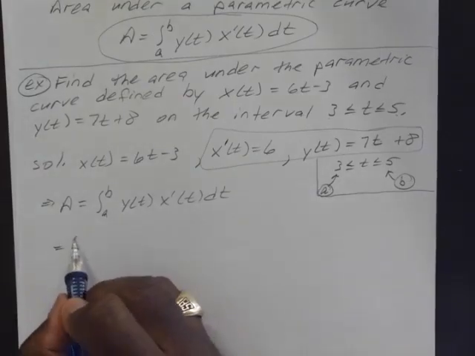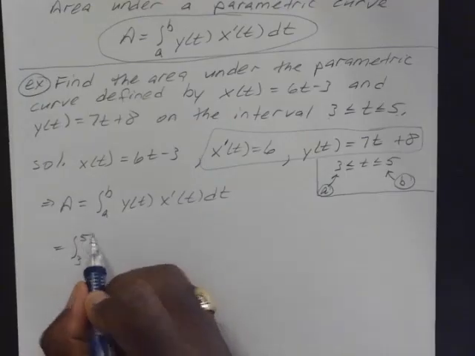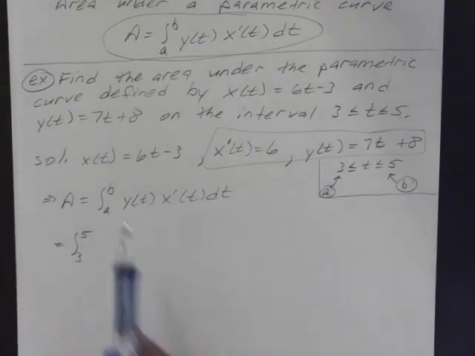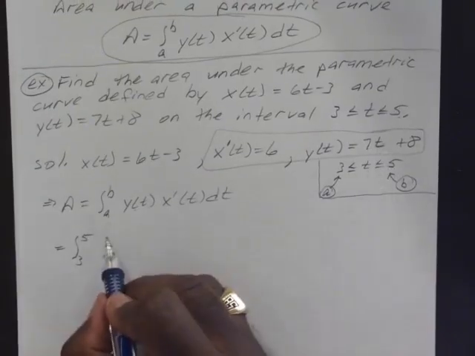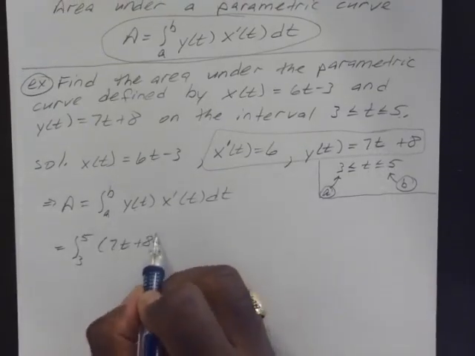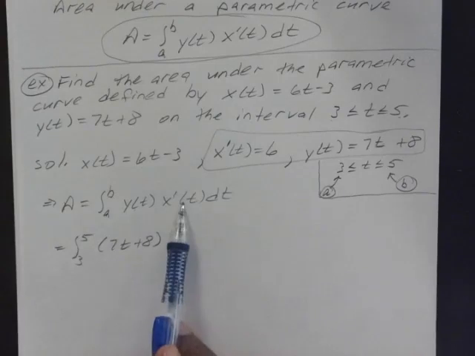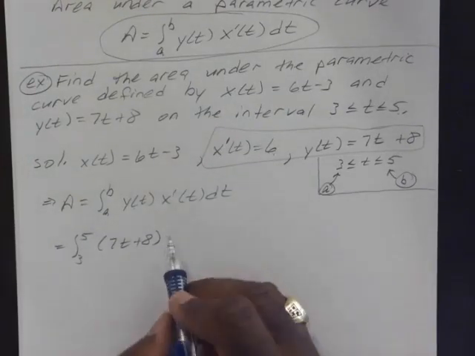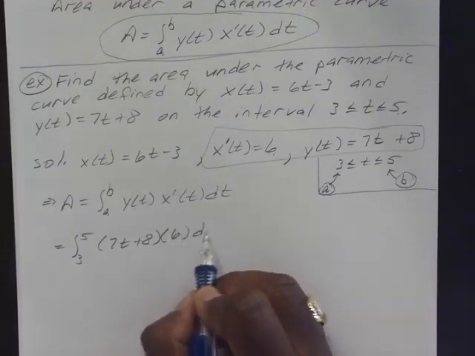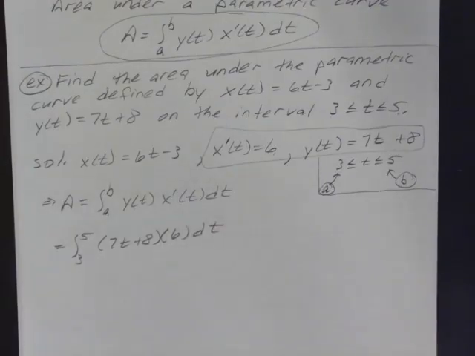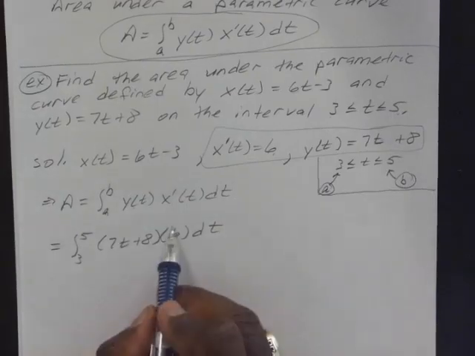So that gives us the integral from 3 to 5 of y of t, which is 7t plus 8, times x prime of t, which is 6, with respect to t. If you wanted to, you could factor out the 6 or you could distribute the 6.